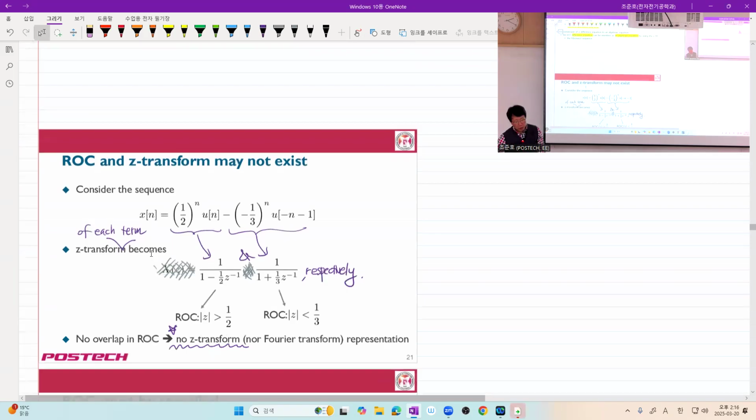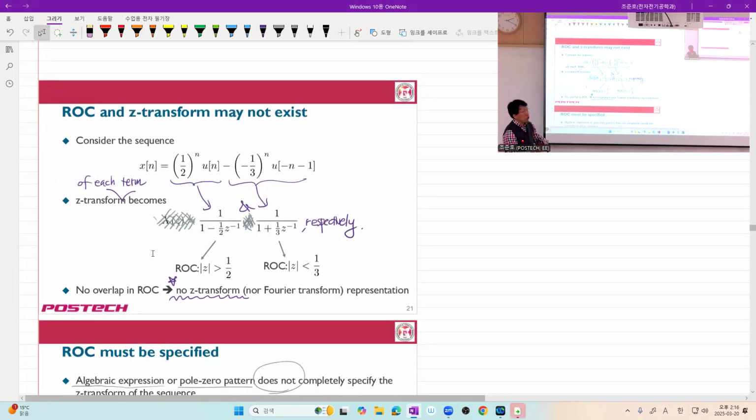Anyway, so let's see. So here goes an example. You have a discrete time signal, x of n, and let me ask you a question. Is this x well defined for every n? So for every integer n, is this well defined?